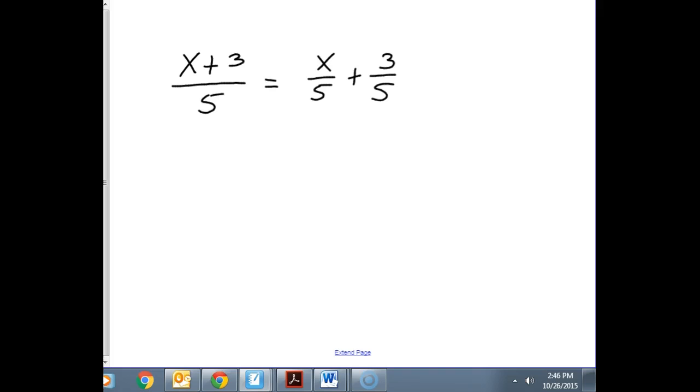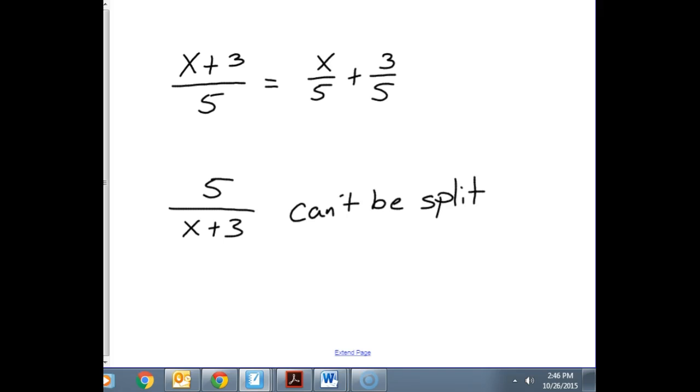Okay, but if I have 5 over x plus 3, okay, I cannot split this because there's nothing to split on top, okay? You cannot actually split a numerator by two different parts of a denominator, all right? So this can't be split. All right, so we kind of got to keep that in mind.